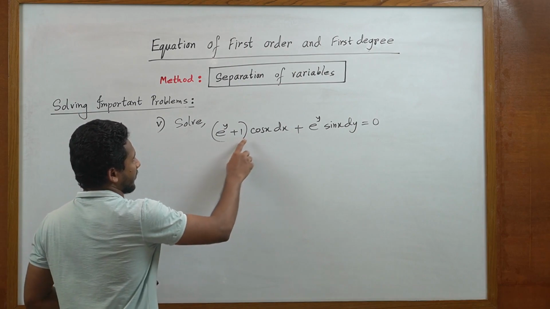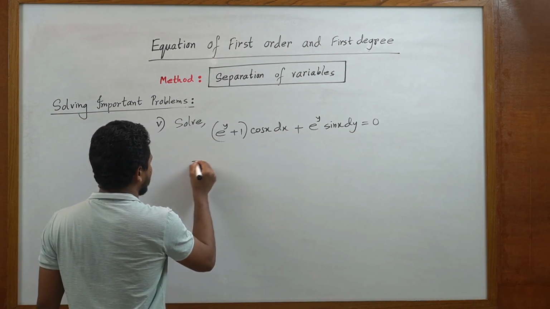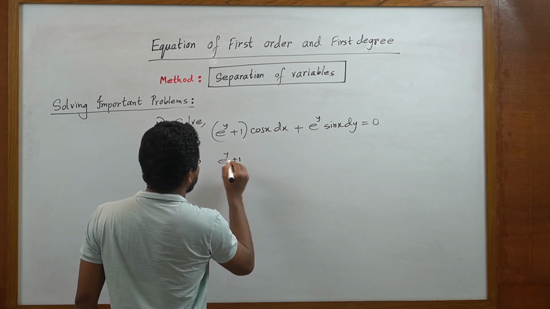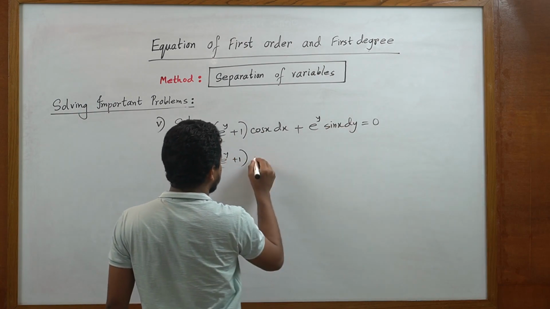Here (e to the power y plus 1) cos x dx plus e to the power y sin x dy equals 0. So first we take this part to the other side.